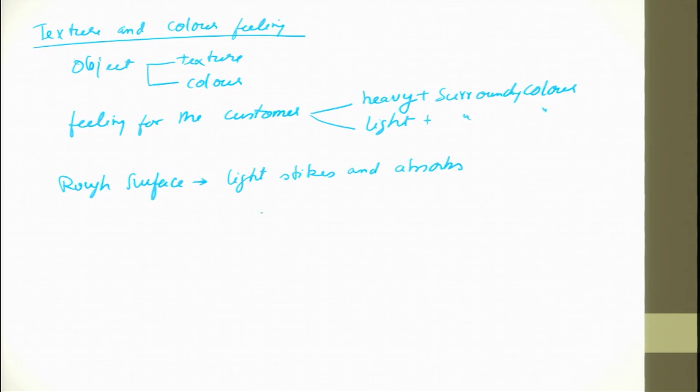When you have a fine surface, light strikes and reflects. So you get a very glossy look. If you just make the texture fine, then it takes the appearance around the room and gives you a very good surface finish.